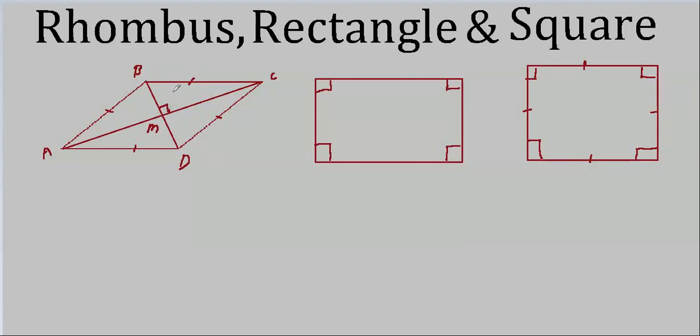So we also know that this half of the diagonal is congruent to, I should say, this segment. In other words, MC is the same as MA. They're congruent because this diagonal intersects at the midpoint. They both do. And this segment is congruent to itself.